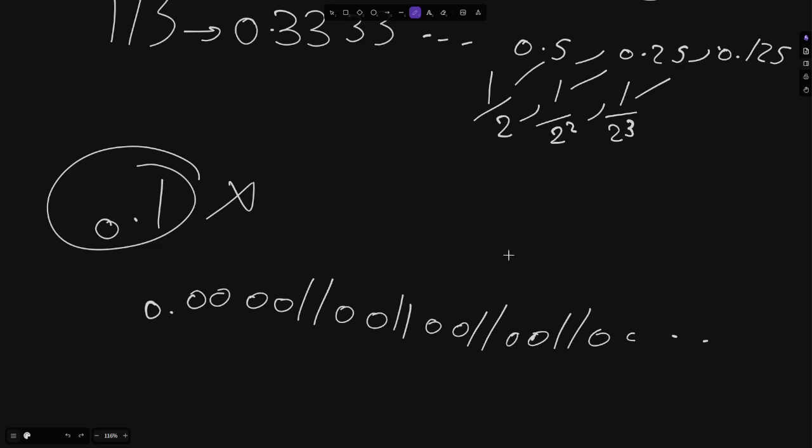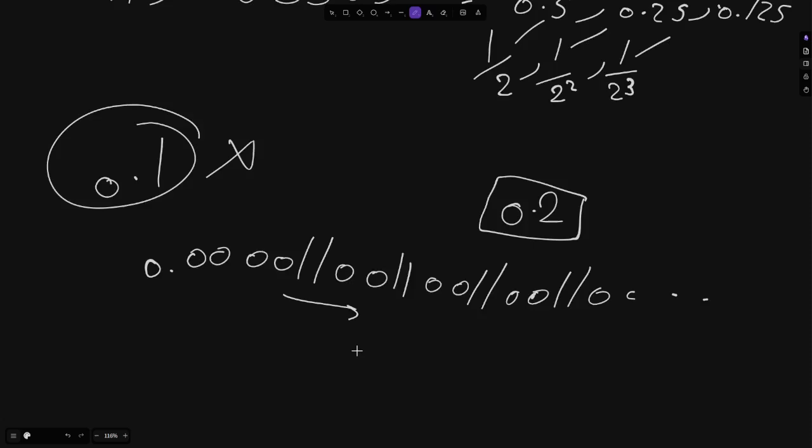0.2 has exactly the same pattern as 0.1, just shifted over one spot, and it also goes on forever.